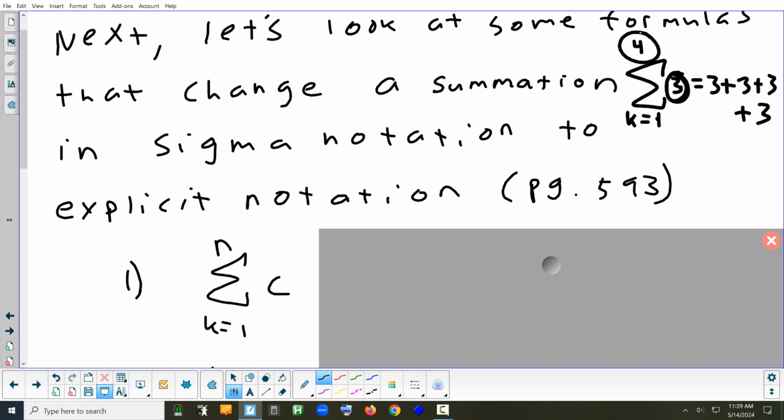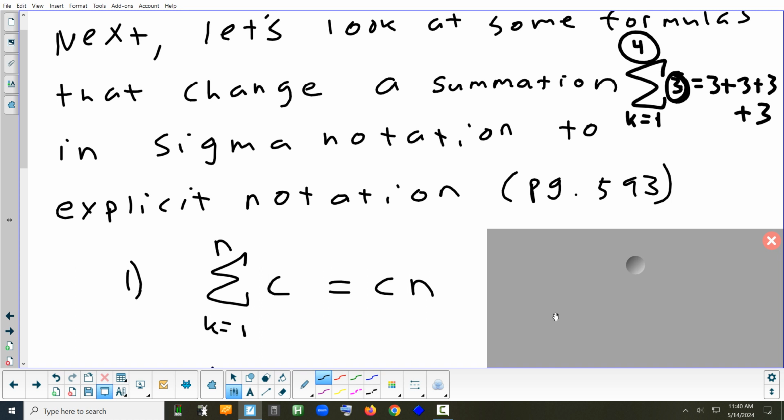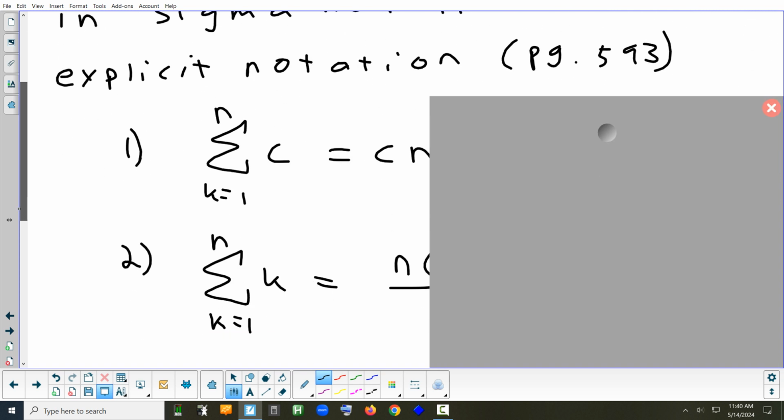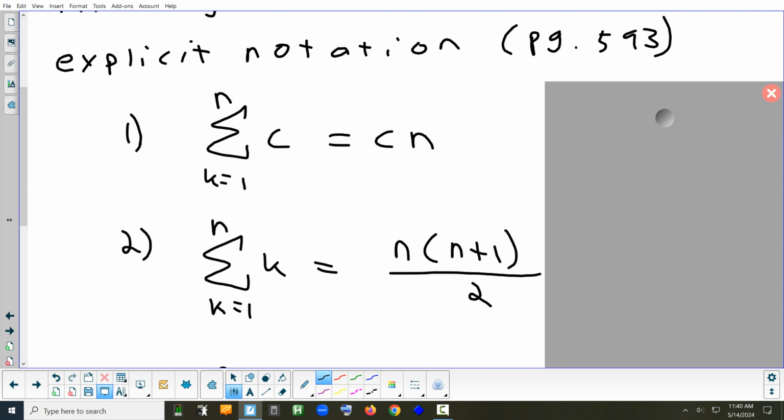So what do you think this formula would end up being? C times n. Yep. That's how you can get rid of the sigma if you have to add up a constant over and over. Okay, now that's the simplest one, where you have a constant. The next one is the one I was using to add up the first 100 integers. This is an integer, k.